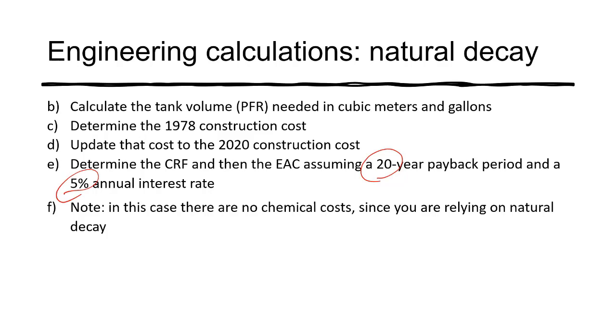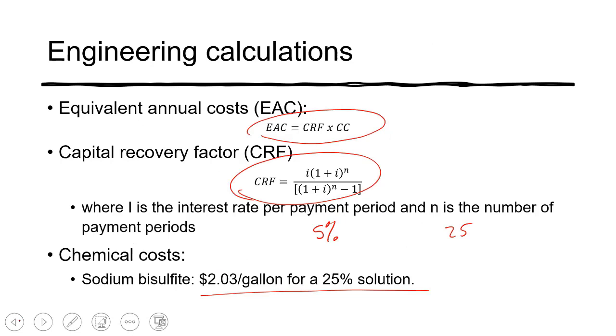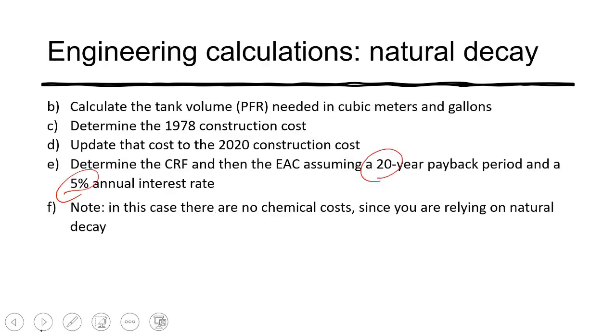Notice that there's no chemical costs. So what you're doing is you're just using these equations. So you'll calculate the capital recovery factor, you'll calculate the equivalent cost, and that is what you will report.